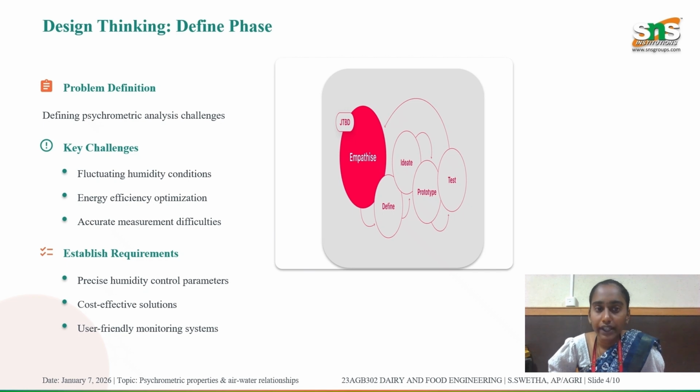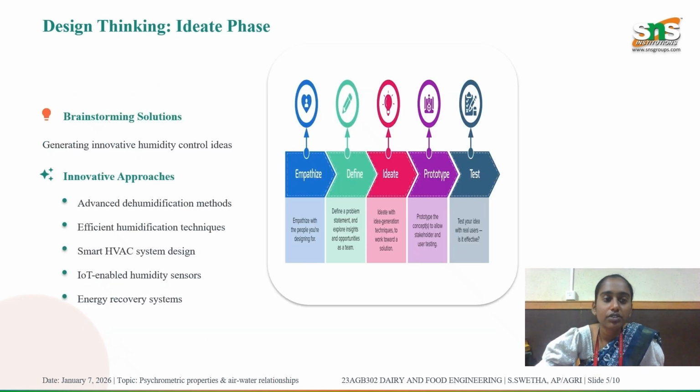And what are the requirements we are going to establish for the psychrometric problem? We can do precise humidity and temperature control parameters, panel units, and cost-effective solutions. And as food technologists, it is our duty to implement user-centric monitoring systems.